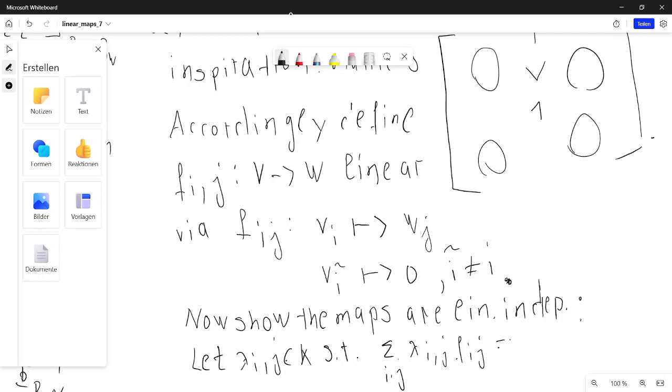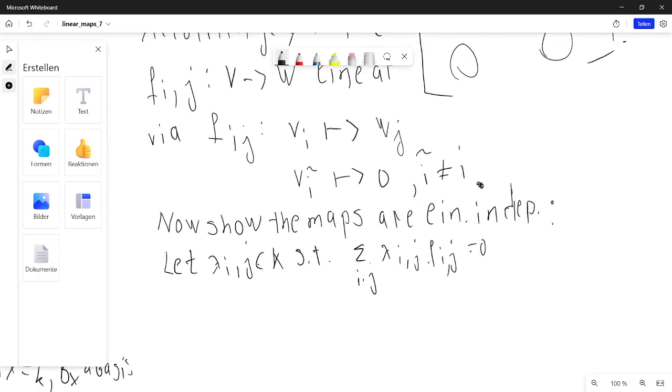Well, and we recall that the zero map was a map that mapped everything to 0. That is, this means exactly that every vector must be mapped to 0 by this map, and recall that the operations that we have on maps, scalar multiplication and the plus, work just pointwise, and other than that, just operations in our vector space.